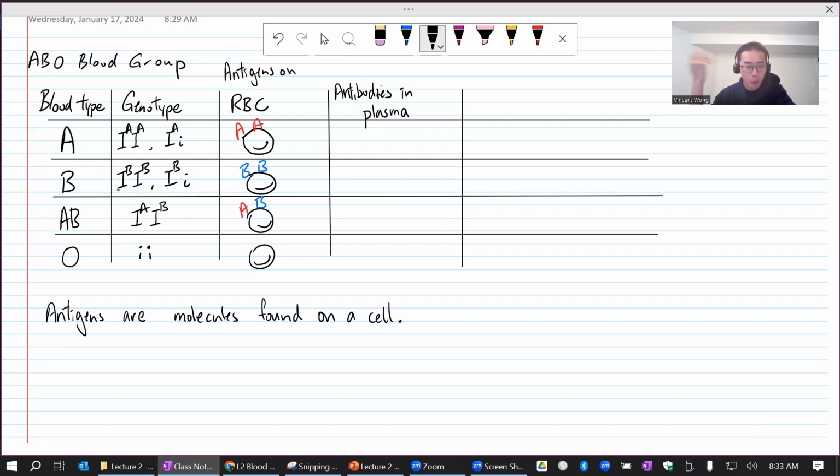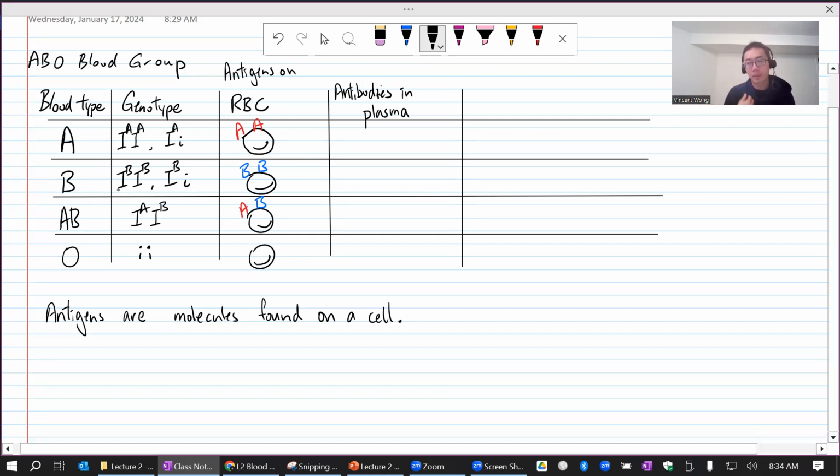These molecules could be proteins, could be carbohydrates, could be glycoproteins, which are like sugary proteins, and so on and so forth. Okay? They're just things that are found on the surface of the cell.